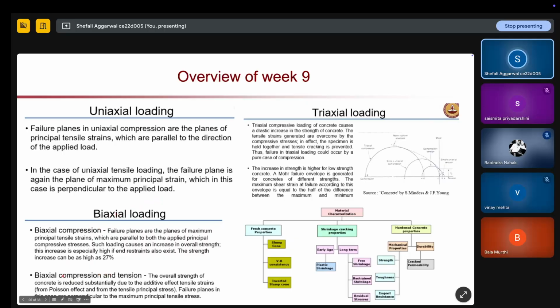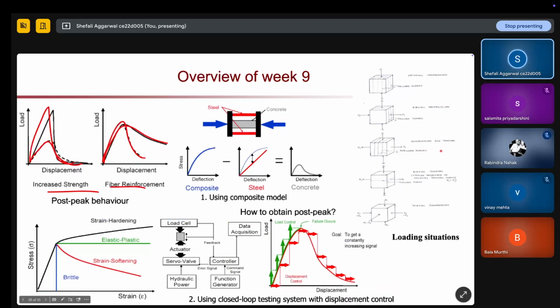So in the case when we are applying both compression and tension in the biaxial direction, what will happen? Your overall strength will reduce because of tensile strains, and the failure plane will be perpendicular to the maximum principal tensile stress. So if we see from this figure, in this direction it is compression, in this direction it is tension.